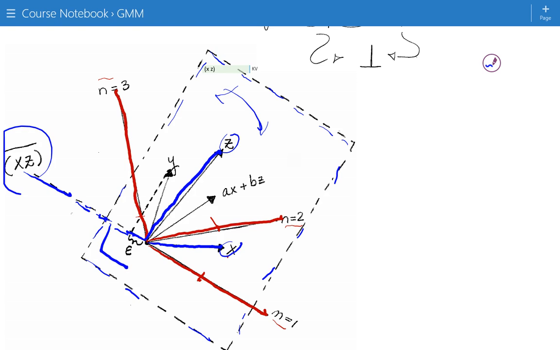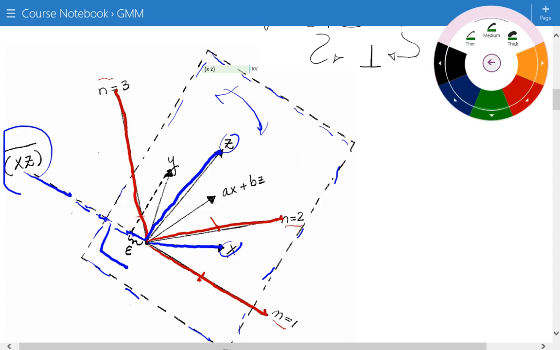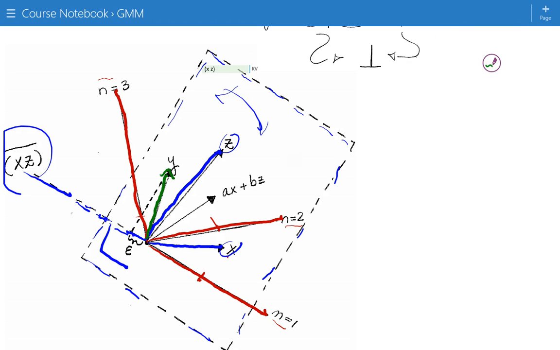So now, if I were to plot my y vector in this three-dimensional space, right? We have three observations of y, so I can plot the y for n1, the y for n2, and the y for n3. I can say that y is going to equal a sum of a vector in the orthogonal complement and a vector in the two-dimensional space.